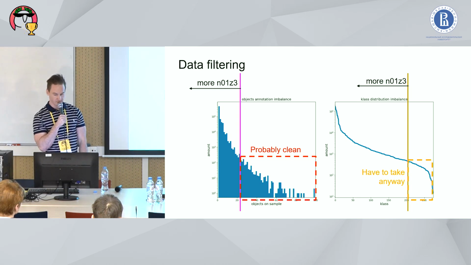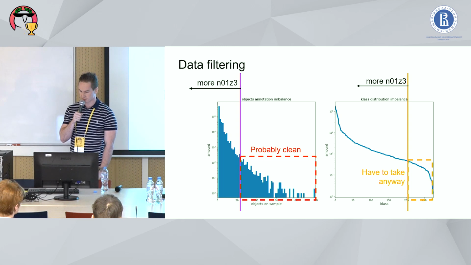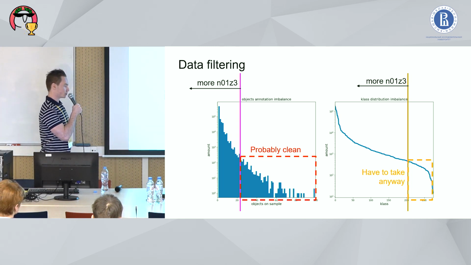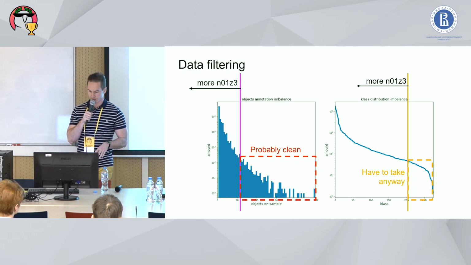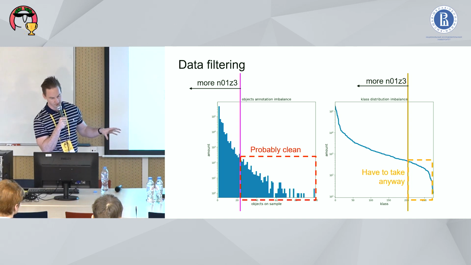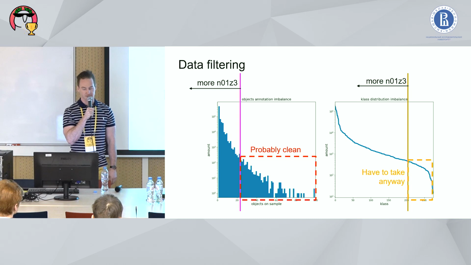But at the same time you have imbalanced classes. So despite the missing annotation, you really need to take all of the samples with very poorly represented classes in the dataset. So in the first approach, I just took the intersection of these two areas on the plot and trained the first model on the very clean annotation.